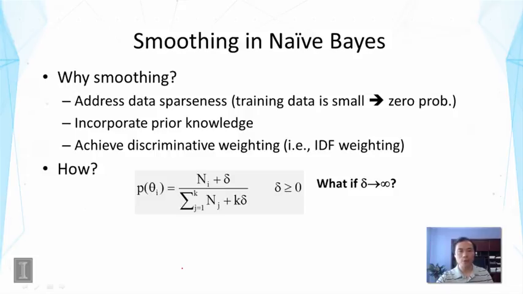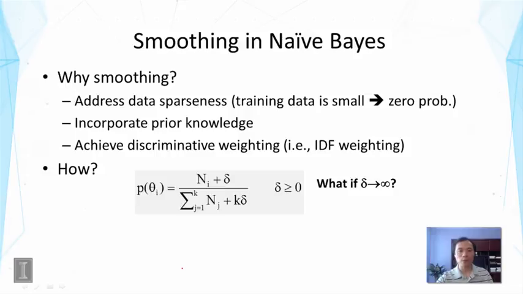Now, it's interesting to think about the influence of delta. Obviously, delta is a smoothing parameter here, meaning that the larger delta is, the more we will do smoothing, and that means we'll more rely on pseudo counts. And we might indeed ignore the actual counts if delta is set to infinity. So imagine what would happen if delta approaches positive infinity.